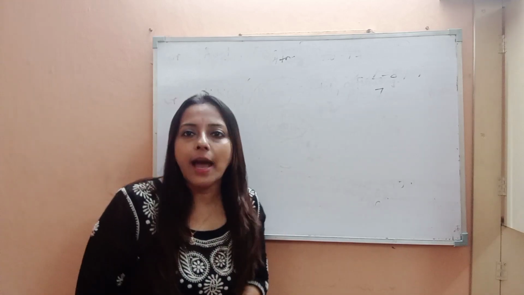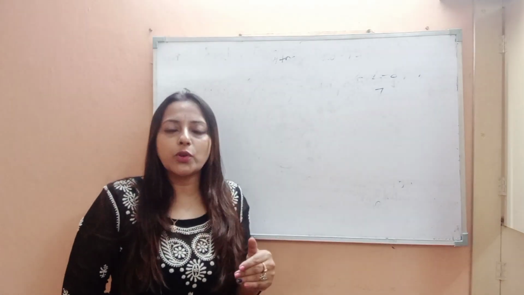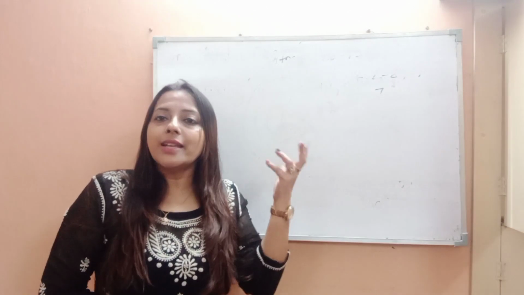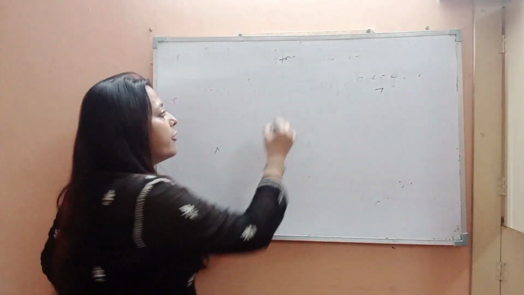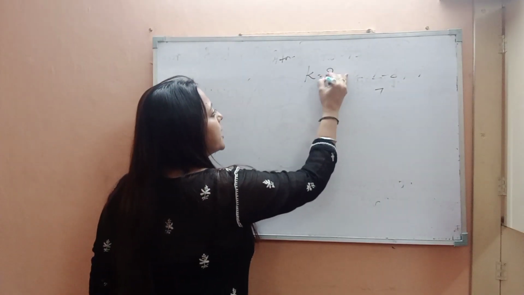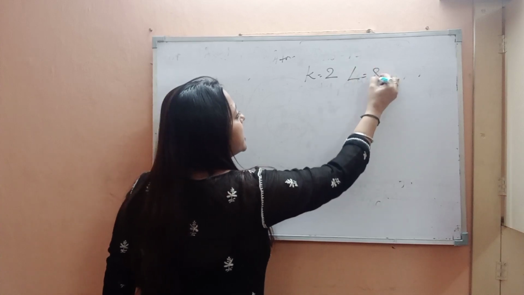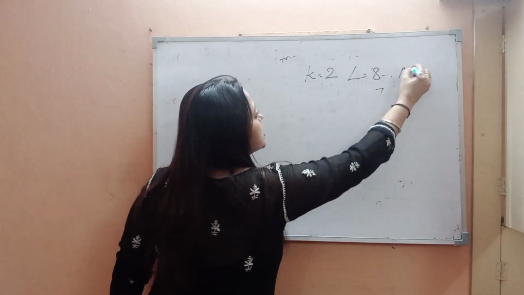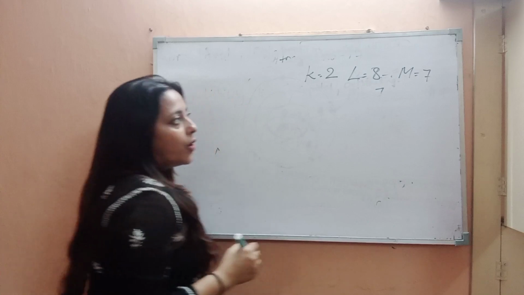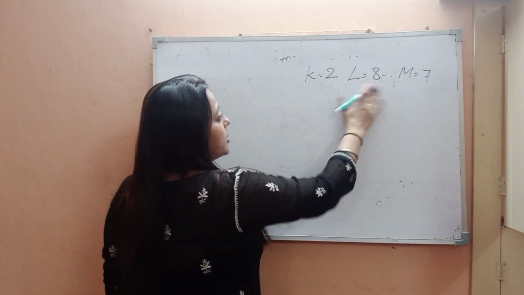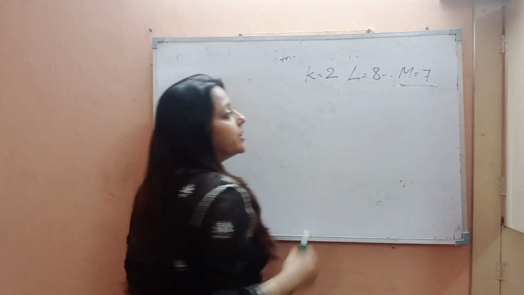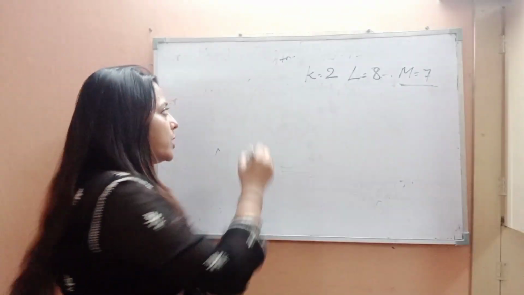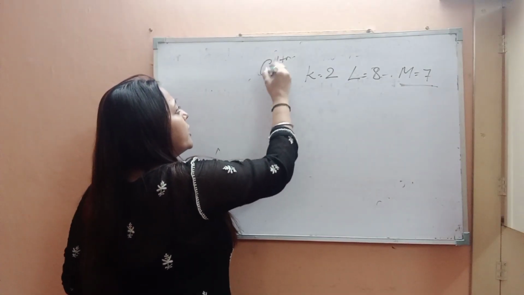Similarly, the atomic number of chlorine is 17 and the electronic configuration is: K shell has 2 electrons, L shell has 8 electrons, and M shell has 7 electrons. So chlorine has 7 electrons in its last orbit. What will chlorine do?